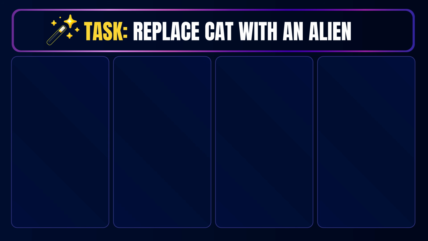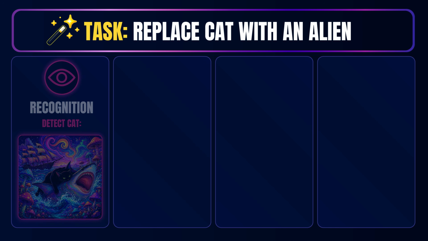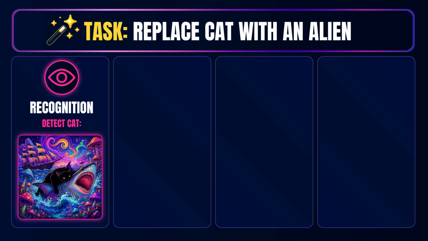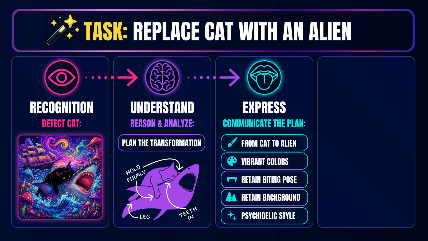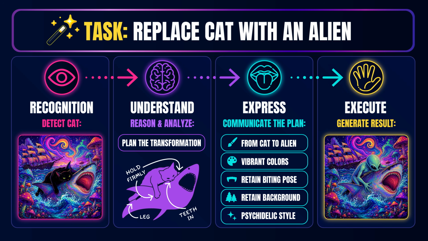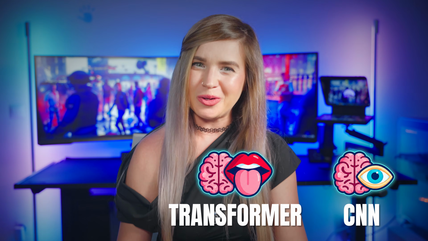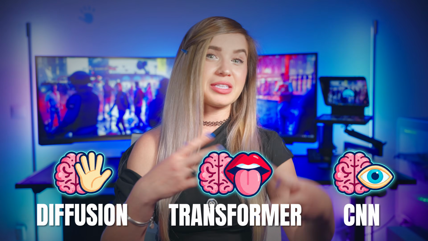So now we need 4 organs. We need eyes to detect the cat. We need the brain and tongue to come up and communicate a plan. And we also need hands to implement it. In other words, we need an AI agent that uses CNNs for object recognition, transformers for describing the goal, and diffusion for the switch around.